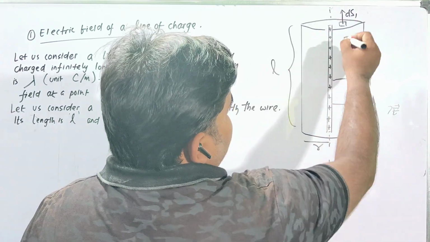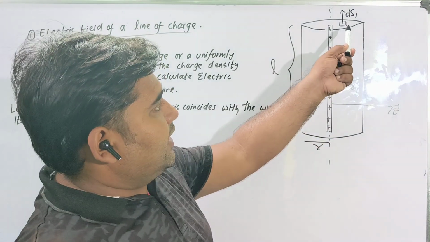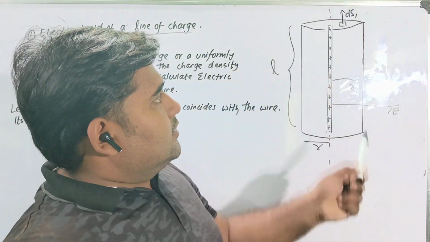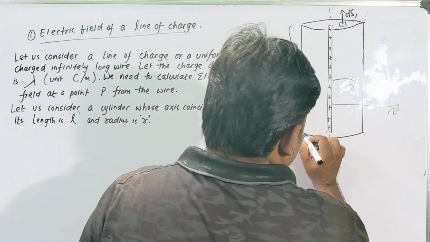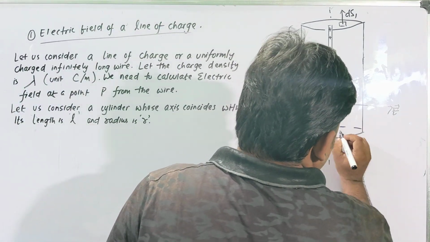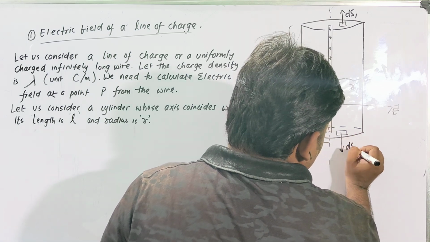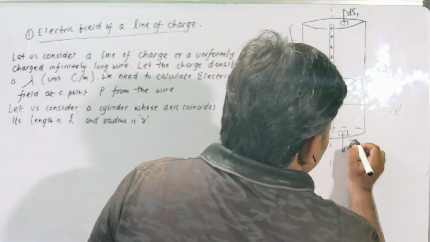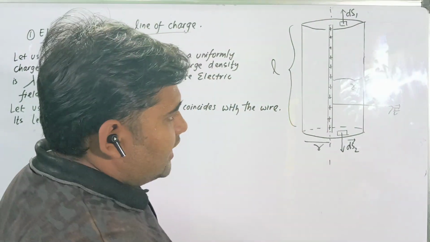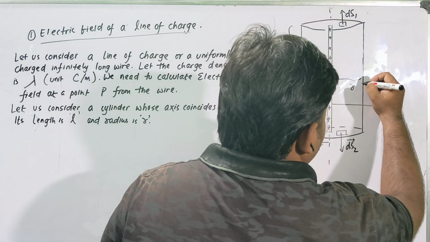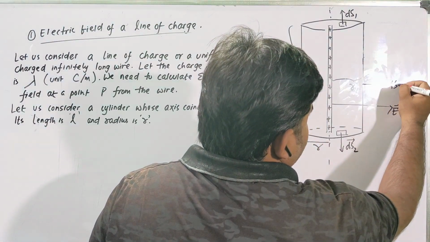Since it is the top of the surface, the area vector has a direction upwards. Then consider ds2, where the area vector is pointing downwards, and this is ds3.